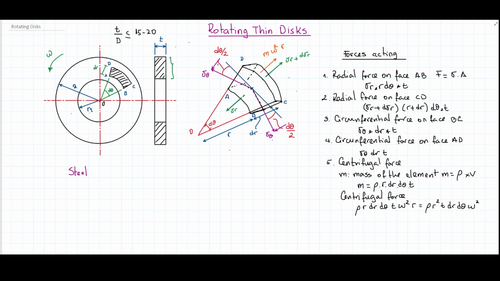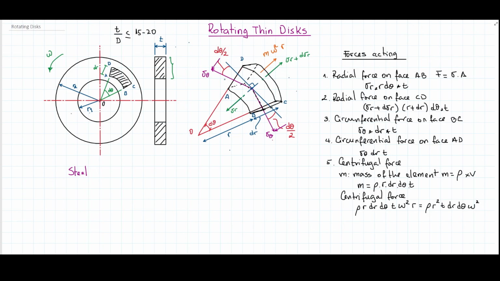Then we have also a circumferential stress, but that circumferential stress is not aligned with the Cartesian coordinate system that I'm using, which is something like this here. So we have these 90 degrees here. They are following the circumference, but they're not following our Cartesian coordinate system.